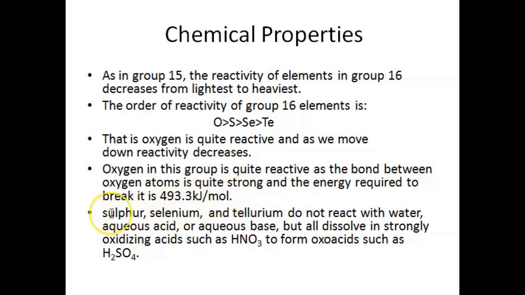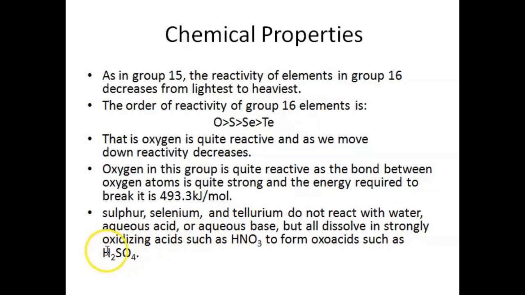Sulfur, selenium and tellurium do not react with water, aqueous acid or aqueous base, but all will dissolve in strongly oxidizing acids such as nitric acid to form oxo acids such as sulfuric acid.